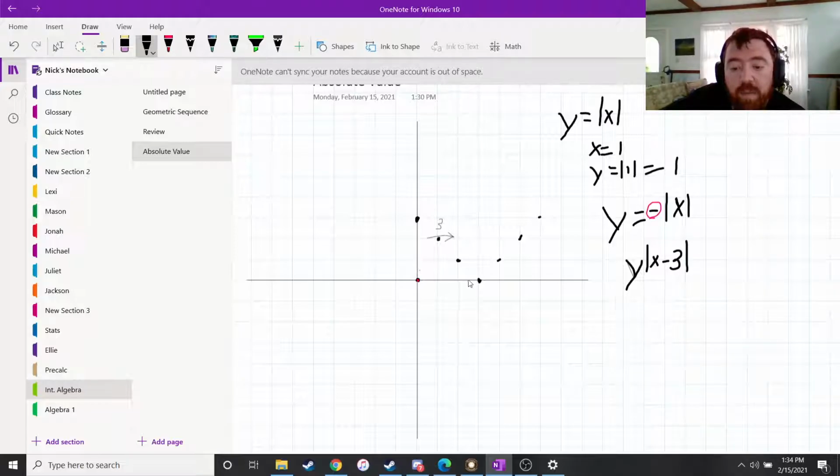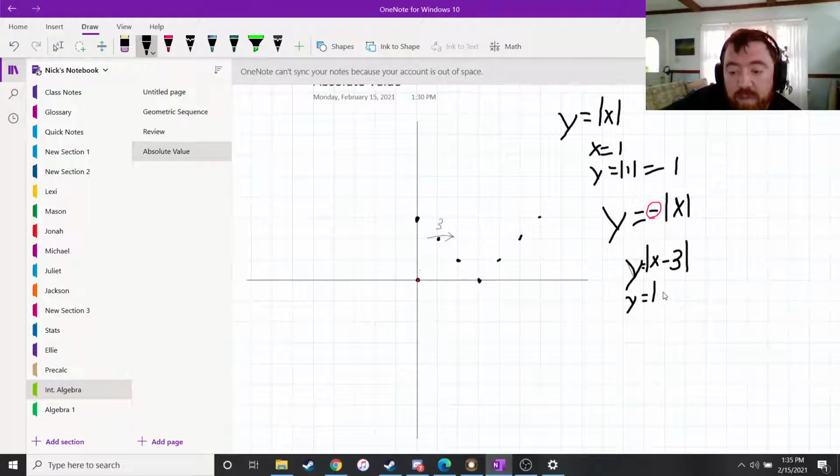Let's say I moved it over to the right 3. Now, if I wanted to check this, let's say I wanted to check my value for when x equals 2.